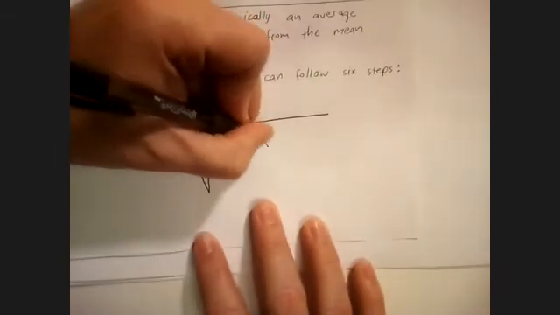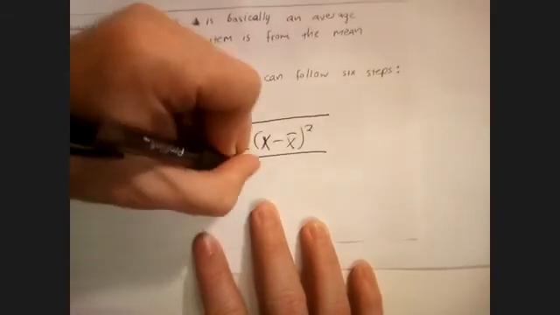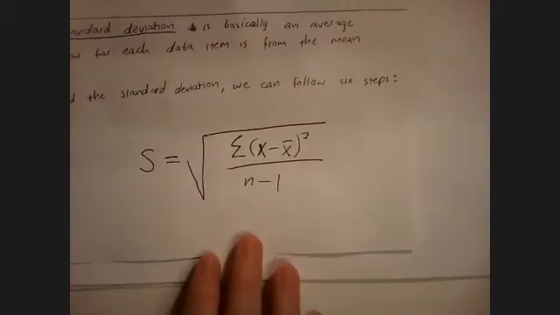Okay, so I'm going to do that. So it's a little s, that's the notation. X minus x bar squared over n minus 1. So we are taking the square root of all that.